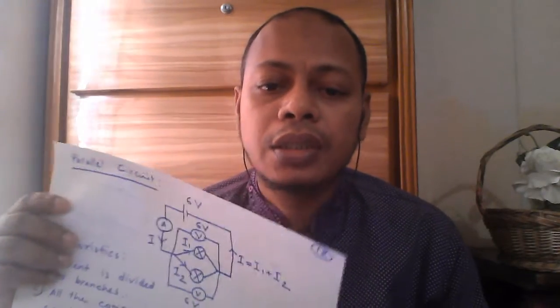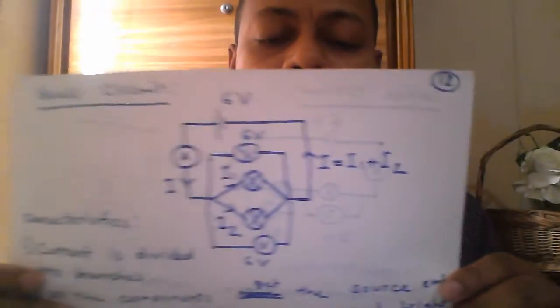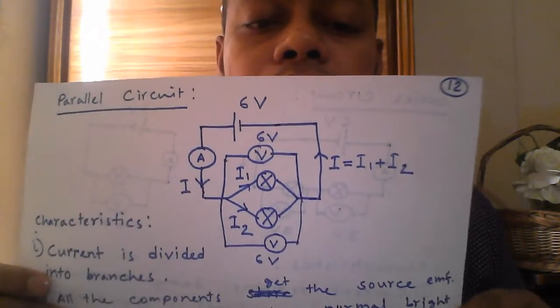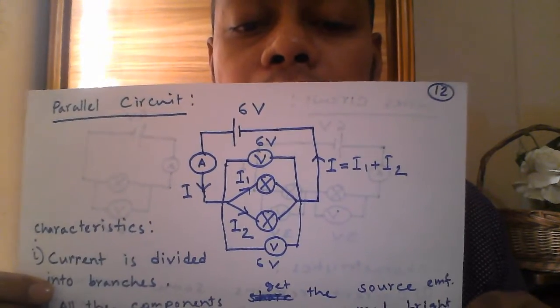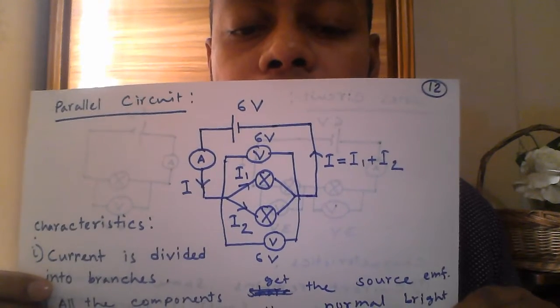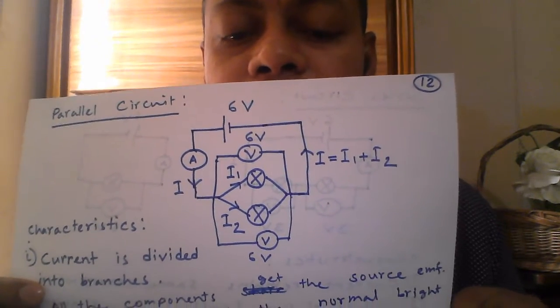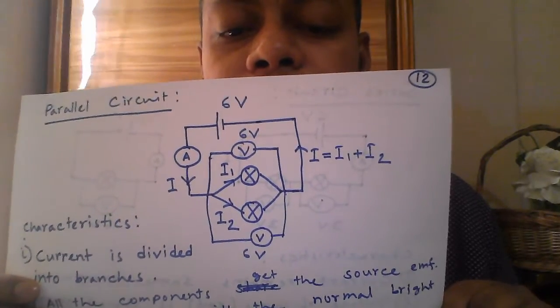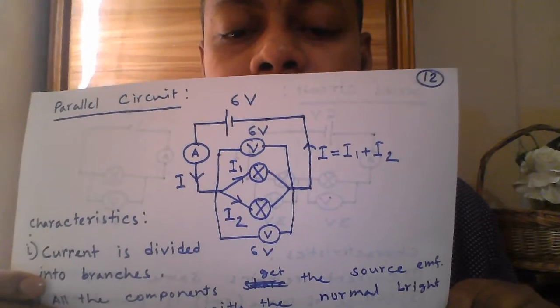So from the diagram it will be more clear to us. Look here, the circuit. Here we have two identical lamps, and these two lamps are connected in parallel.